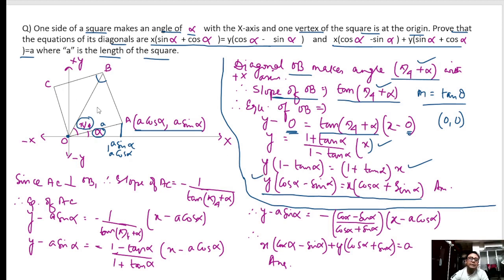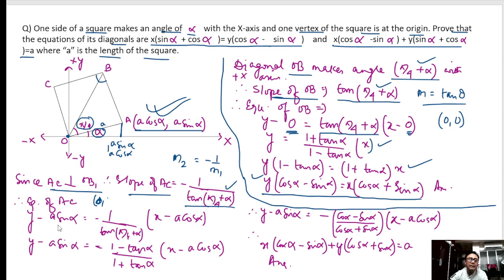Now AC is perpendicular to OB. We know that. So what will be the slope of AC? M2 will be minus 1 by M1. So this is the slope of AC, and it passes through the point C. AC passes through this coordinate.